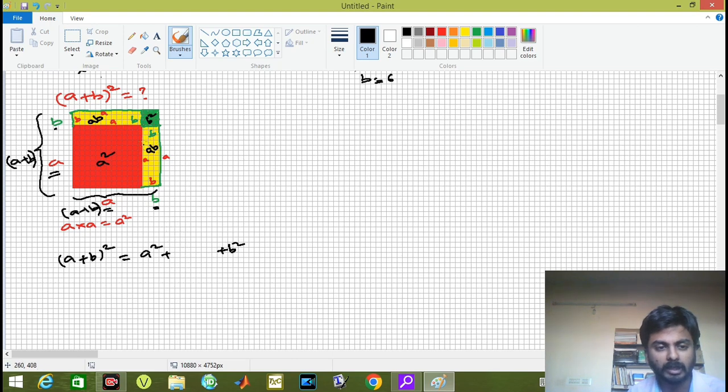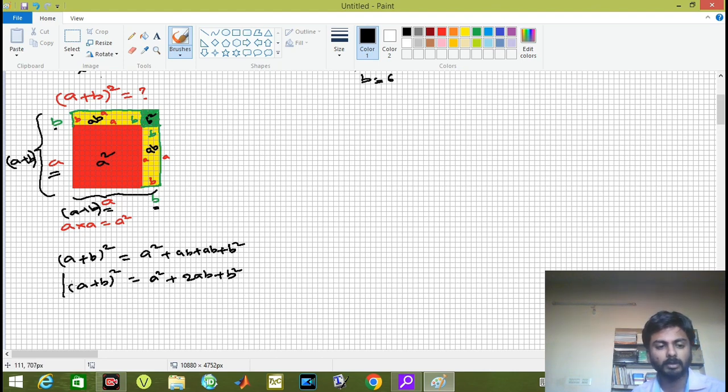So that is a square plus 2AB plus b square. So we have obtained the first result. This is the geometric proof of a plus b whole square.